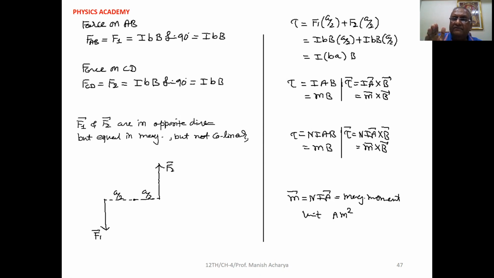And here we have to fix the direction of area vector again using right hand thumb rule, or we can say right hand screw rule. Okay, we have to place the fingers in the direction of the current and the direction pointed by the thumb is the direction of area vector. Clear to all of you?